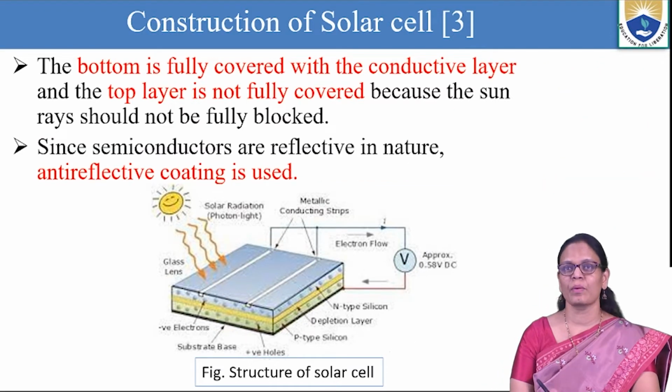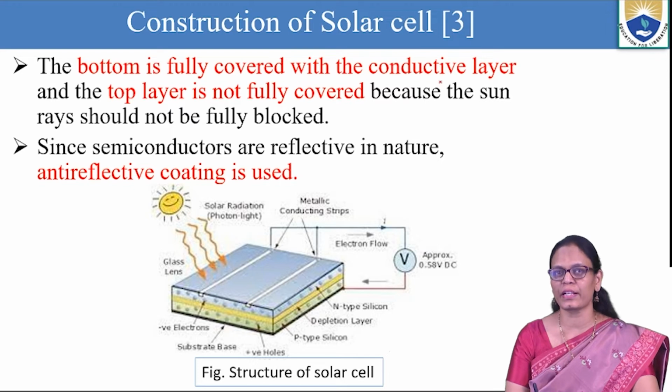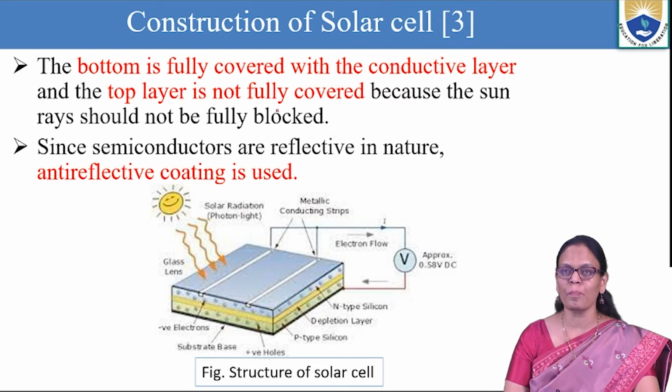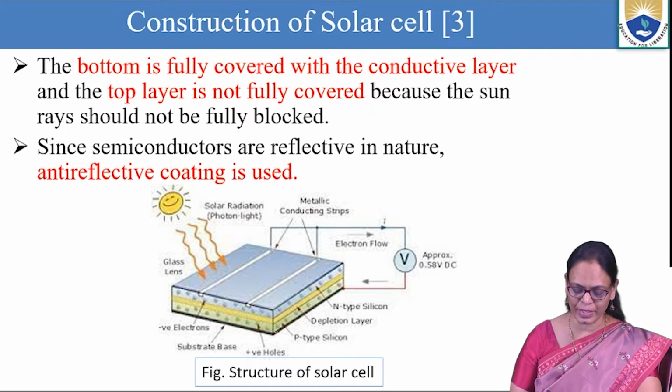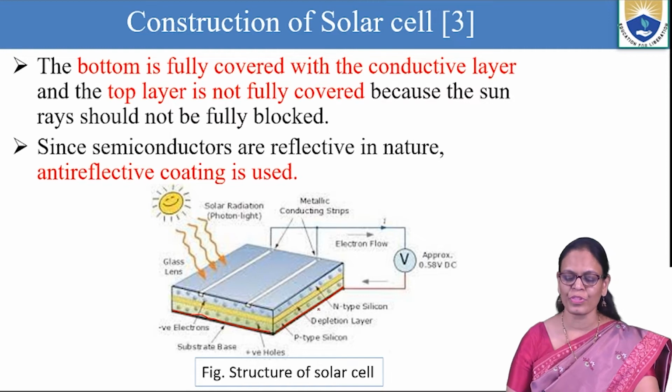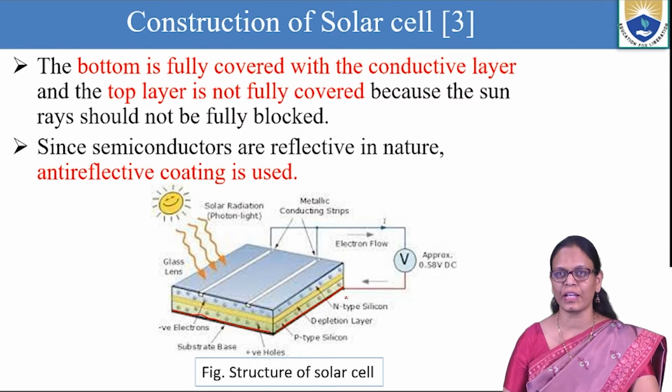Now, the bottom is fully covered with a conductive layer and the top layer is not fully covered. When we are taking the front layer and the bottom layer, this bottom layer is where we have the back contact. This is fully covered with the conductive layer.